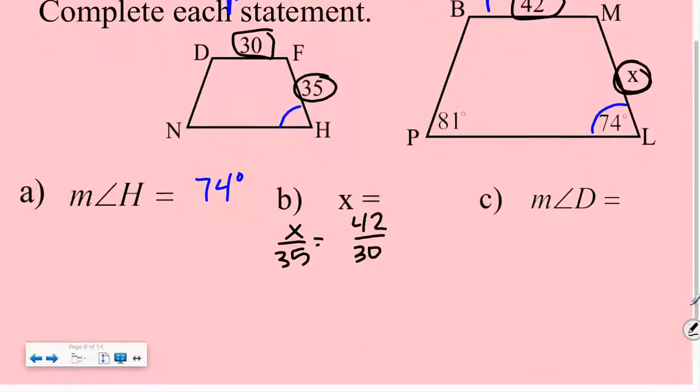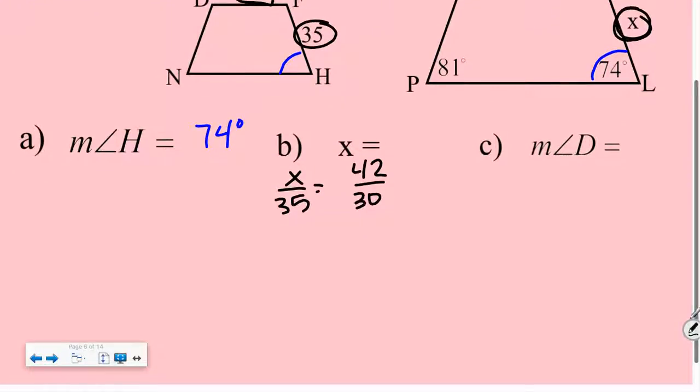Try not to be dependent here on your calculator. 42 and 30, what goes into both of them? 6. So this would become 7 over 5. Okay. 5 times x would be 5x, right? You still don't need your calculator. This would be 35 times 7, you agree? And then I would have to divide by 5, wouldn't I?